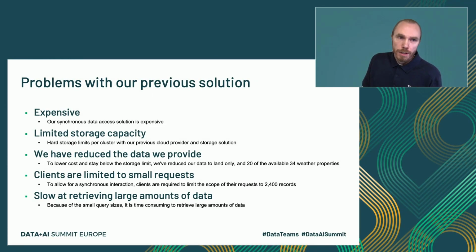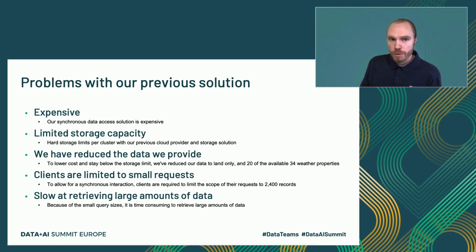So as I said, we're re-implementing History on Demand. Here are some of the problems we set out to solve. First, it was a synchronous API, so that synchronous data access layer was expensive. Additionally, it had limited storage capacity per cluster.